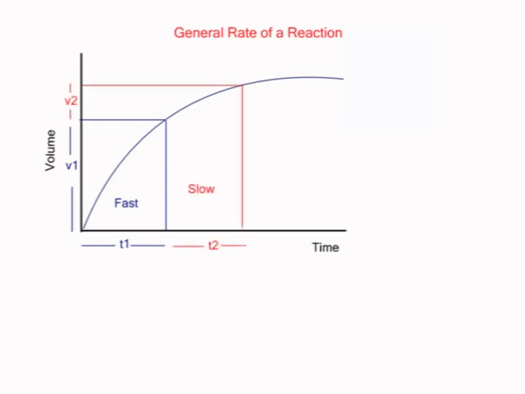So why is this the case? Now, one of the factors that affect the rate of a reaction is concentration of the reactant. Now, when the reactants are in very high concentration, the rate of reaction is very high. Why? Because the number of molecules or particles that are colliding is quite high, and it increases the chances of having successful collisions.